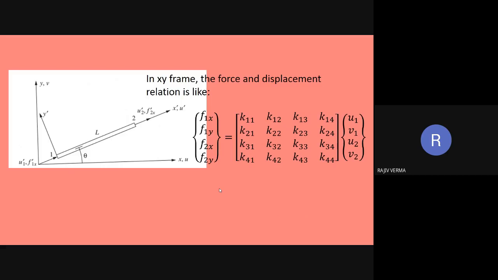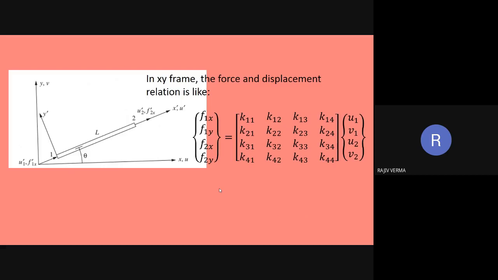It basically is going to be a square matrix relating the two degrees of freedom and the forces. Also notice that this matrix has displacement along the y-axis represented by v, and forces along the y-axis represented by Fy.